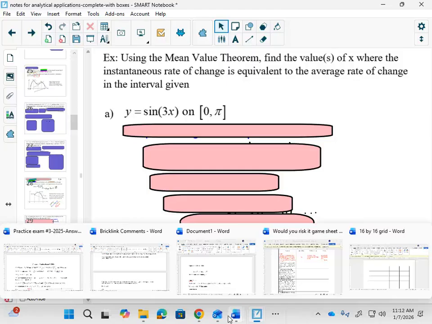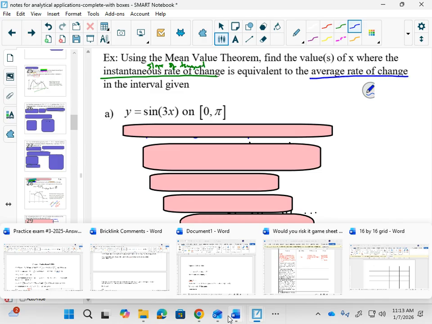So the instantaneous rate of change right here, that's the slope of your tangent. The average rate of change right here, that's the slope of your secant. Okay?